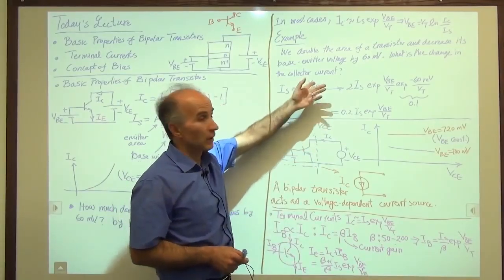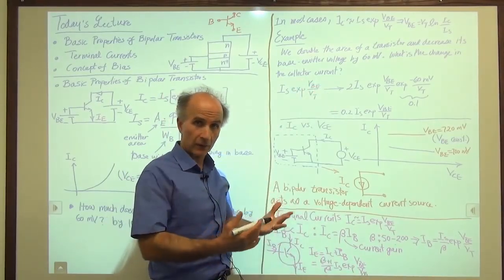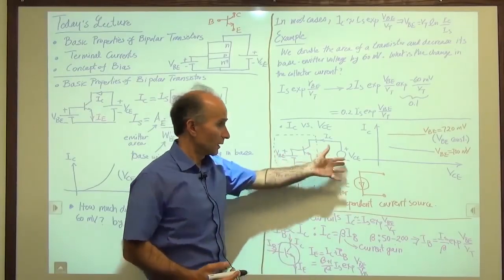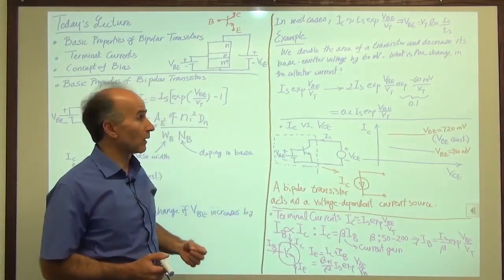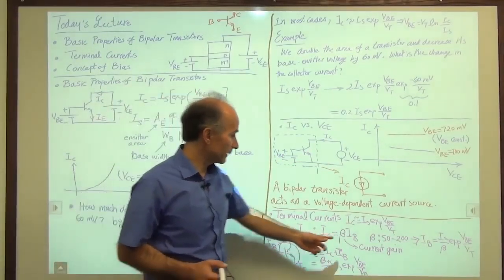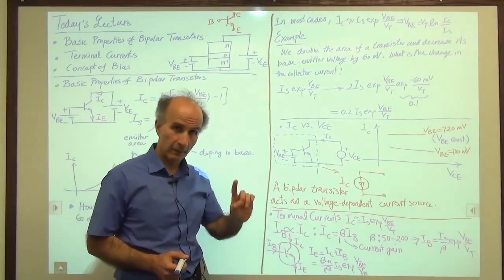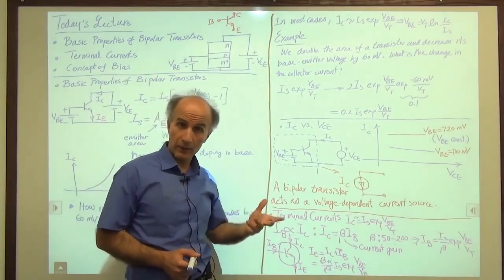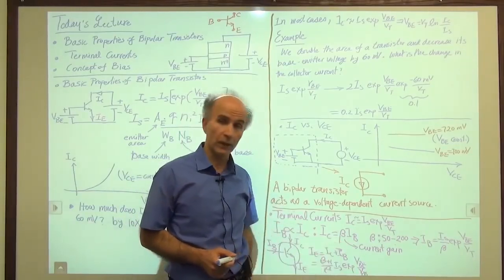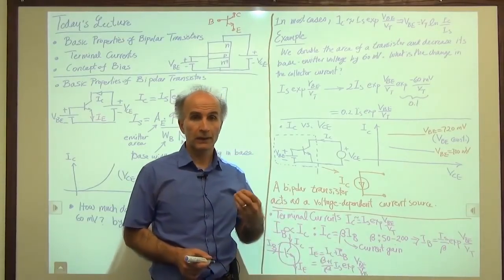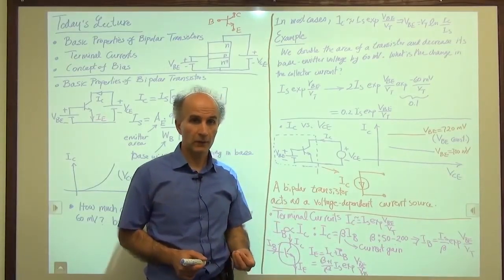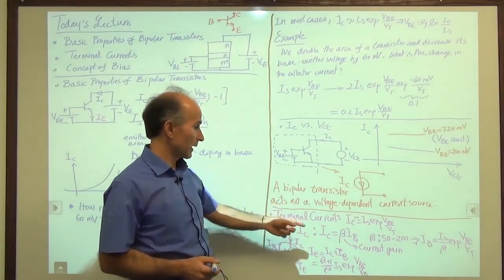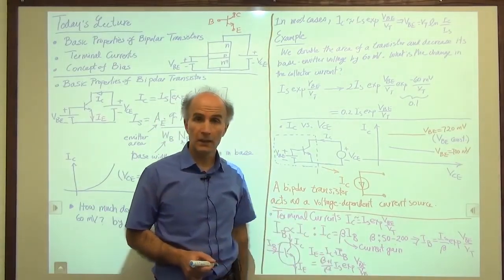And then we have values that we apply from outside, base emitter voltage, etc. So we also need to know beta if we are curious about the base current, and in some cases we are, so it's good to know beta as well. So when you take the data sheet of a bipolar transistor, the first thing you will see is IS, and second you will see is beta.